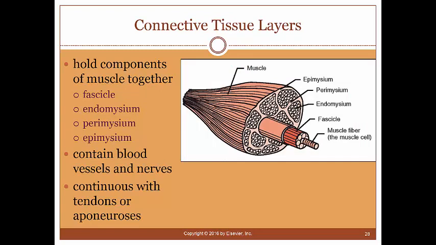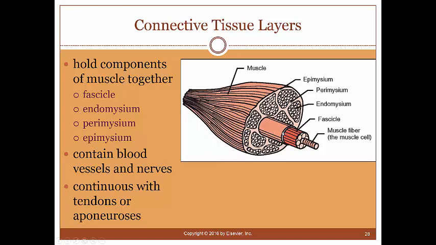Looking at connective tissue layers again, when we look at motor units, we can work down here at the fascicle unit inside the muscle, and this is where a lot of times the nerve will innervate. A fascicle is multiple muscle cells and fibers held together. It's surrounded by what's known as endomysium, which holds the fibers together.